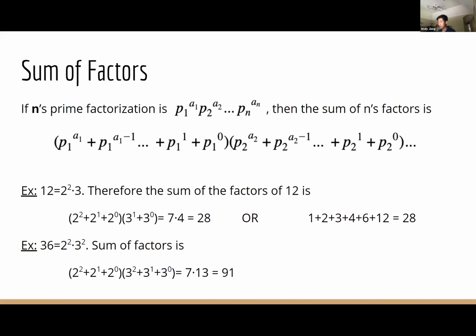All right, and then for the sum of factors, this is a bit harder to do in your head, and it's harder in general. So we use the prime factorization here. So if n's prime factorization is this expression, where all the p's are primes, and these a's are just the exponents of those primes, then the sum of n's factors is, and what is happening here?